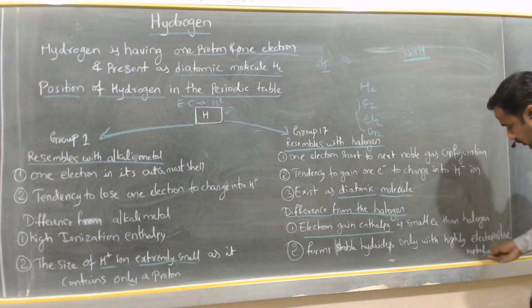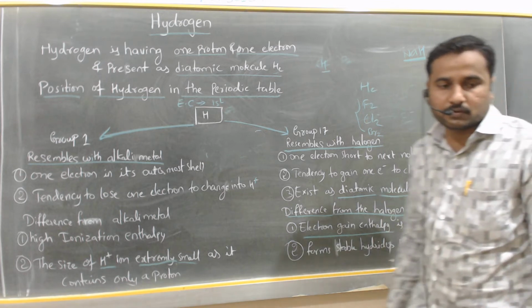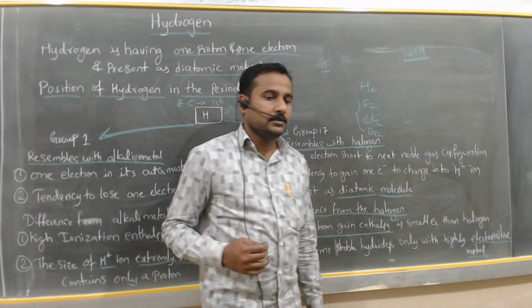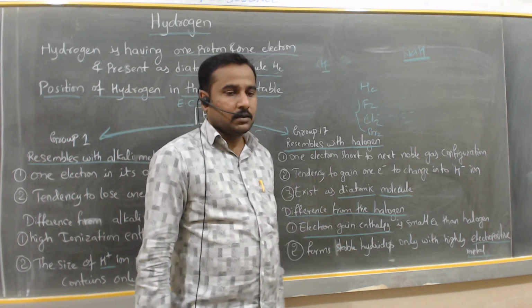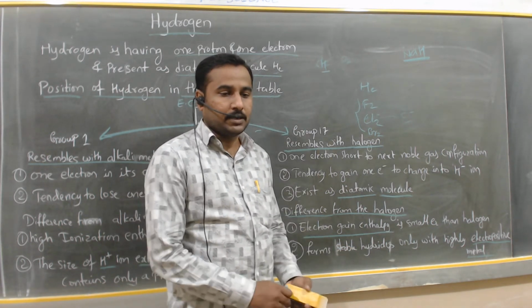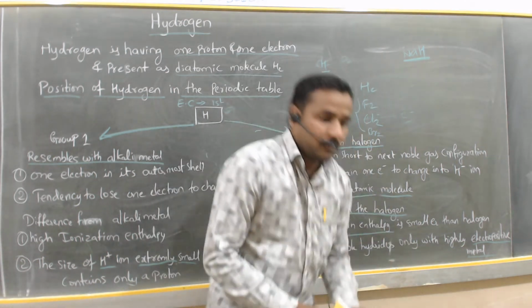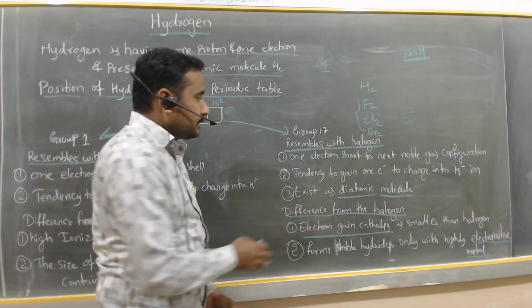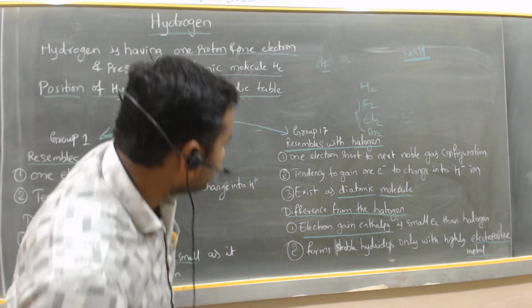highly electropositive metals. So hydrogen has the capacity to form highly stable hydrides only with the alkali metals, not with the group 17 elements. That is about the resemblance and difference with the halogens.